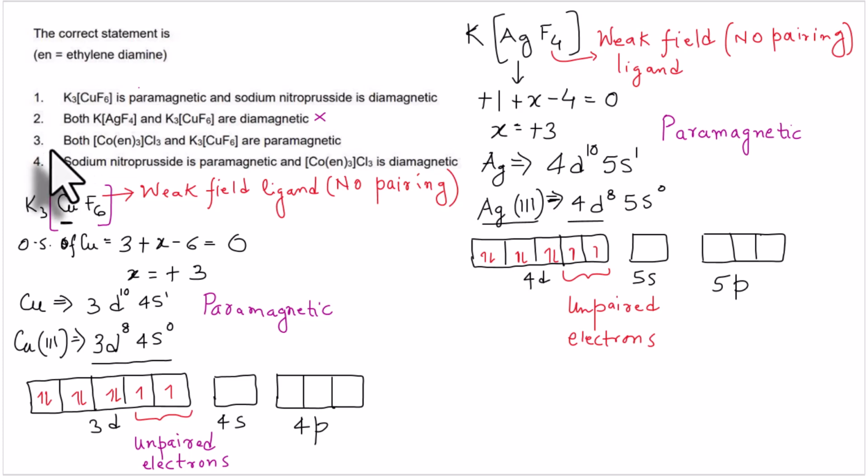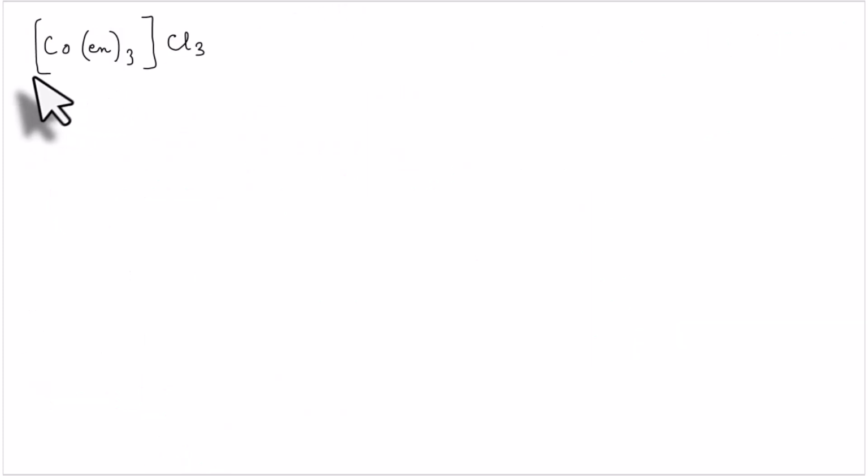Now moving on to Co(en)3Cl3. Let's check this complex. Again the same steps, the oxidation state of cobalt first. Supposing cobalt as X, en3 is uncharged, plus 0, and then 3 chloro ligands, so minus 3, is equal to 0.